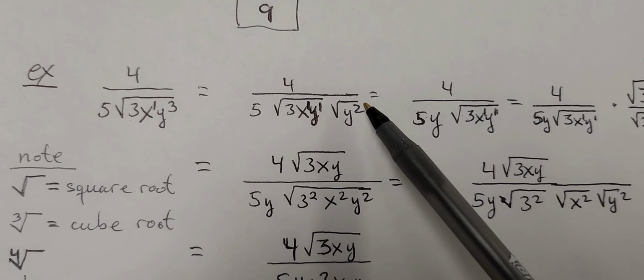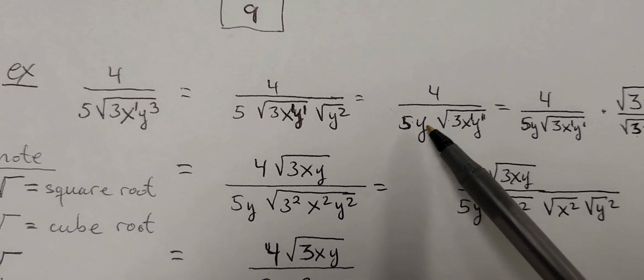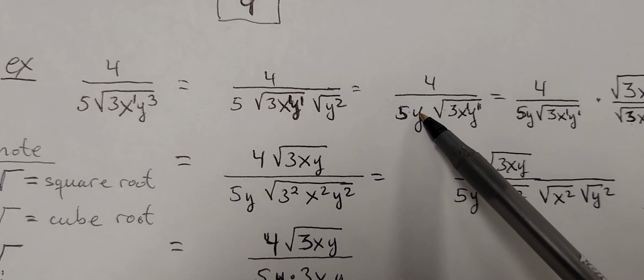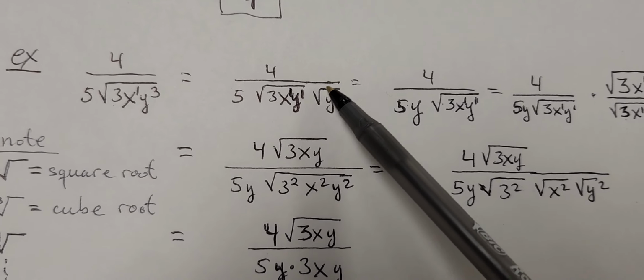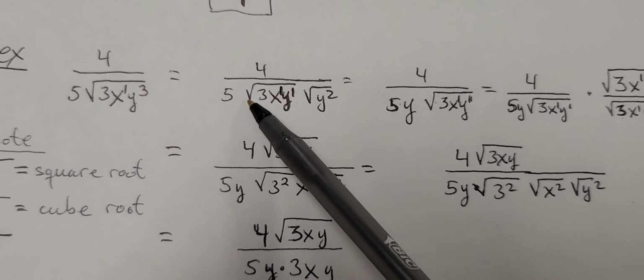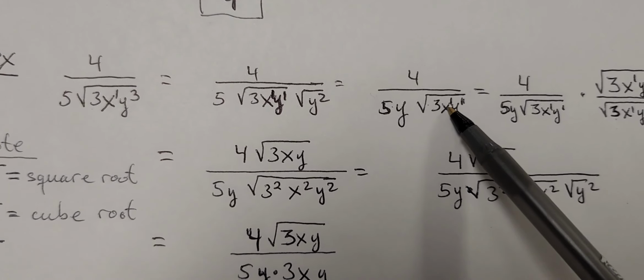So square root and square get canceled out, so I just have this y. So this right here where I'm circling becomes this y, and the square root of 3x to the first, y to the first is on the back.